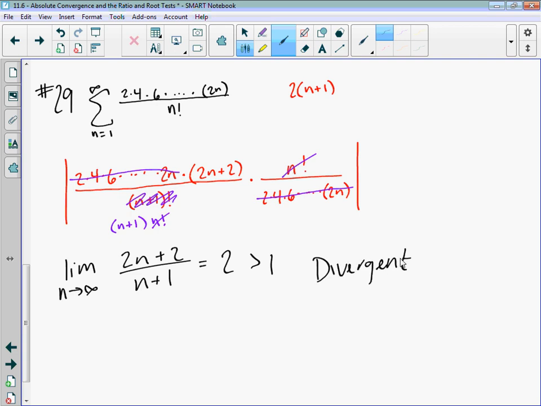And it's one of those three things, so we have already got our answer there. It's not absolutely convergent. It's not conditionally convergent, because if it's conditionally convergent, it's got to converge, and the absolute value doesn't. It's just divergent.